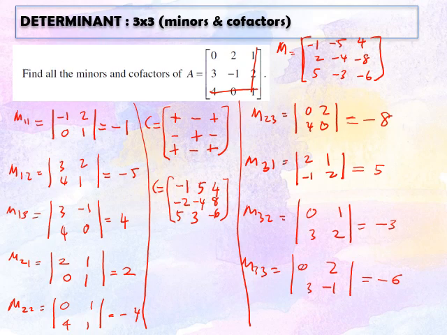So if I want to rewrite again, C is equal to -1, 5, 4, -2, -4, 8, 5, 3, -6. Okay, that's it. So this is the answer for the minor, and this is the answer for the cofactor.